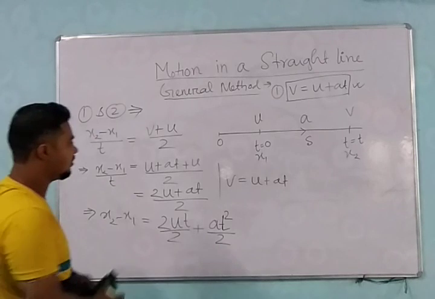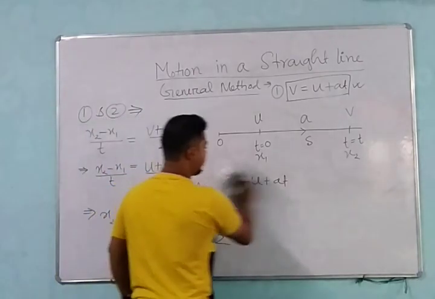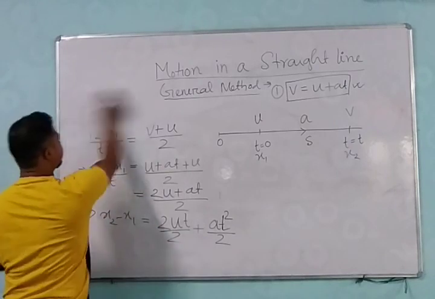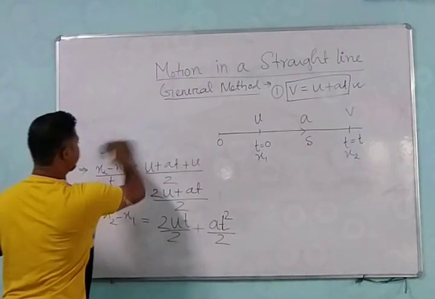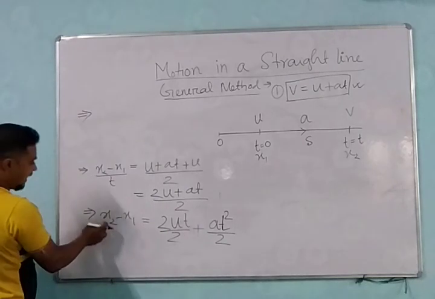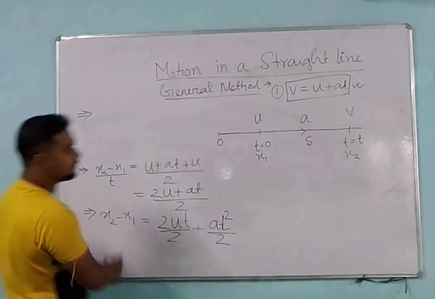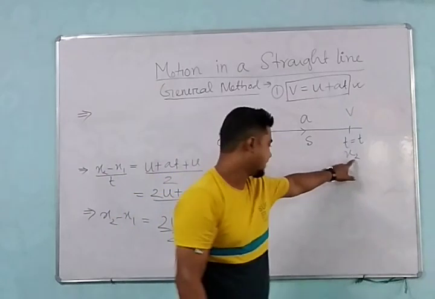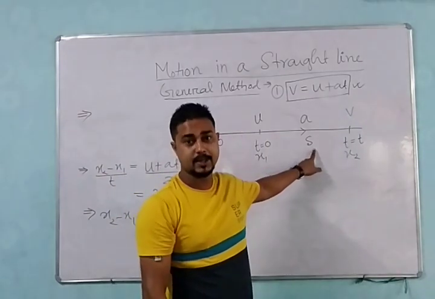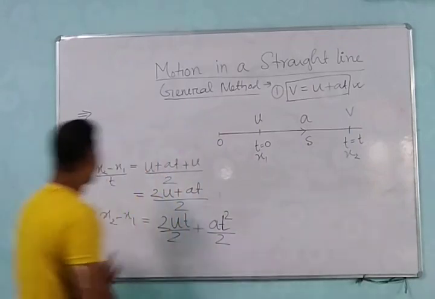Okay, so let us also try to simplify to the simpler form. Now since x2 minus x1 is the displacement of the body, we can write s on the left side.